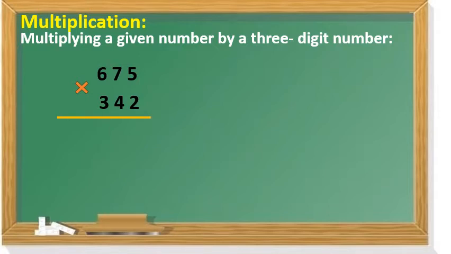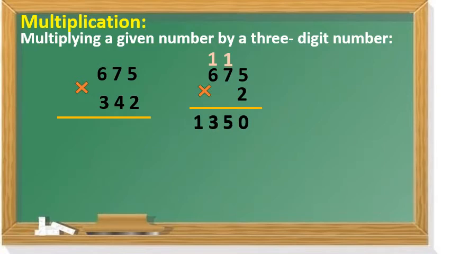Yes students, you know that we will multiply from the unit place. First we will multiply 675 by 2 because it is in the unit place. 2 5s are 10. 0 I will write down and 1 carried over. 7 2s are 14 plus 1, 15. 5 I will write down, 1 carried over. 6 2s are 12 plus 1, 13.